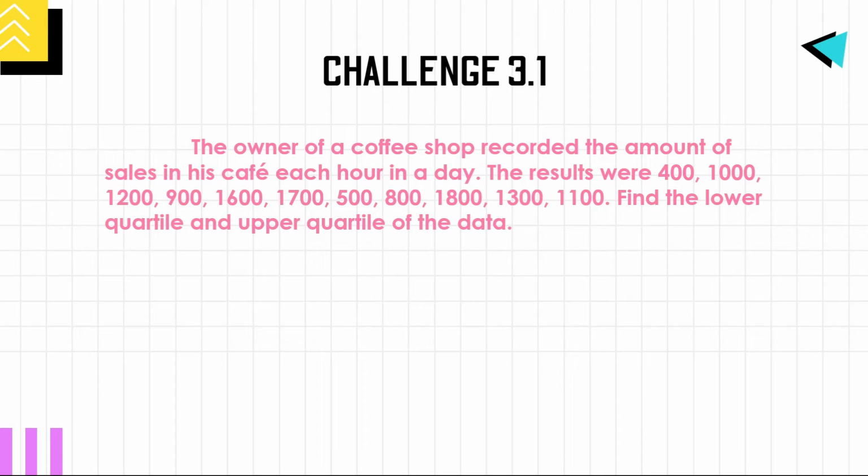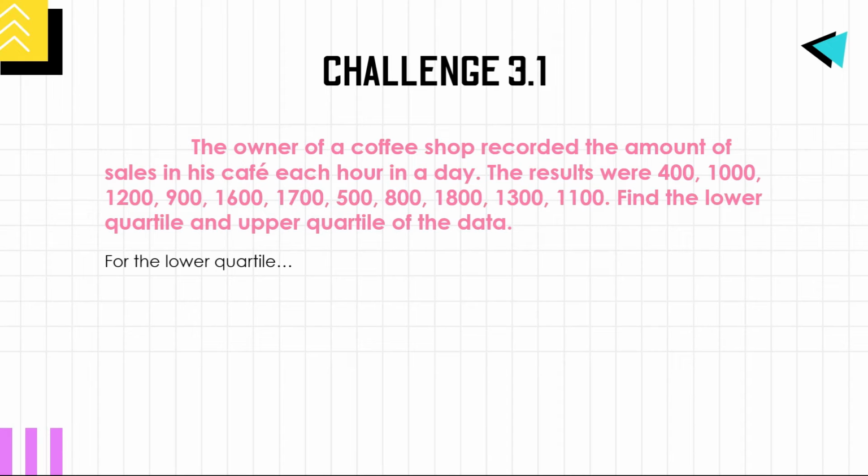The results were 400, 1,000, 1,200, 900, 1,600, 1,700, 5,800, 1,800, 1,300, and 1,100. Find the lower quartile and upper quartile of the data.